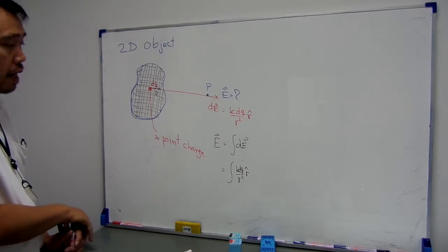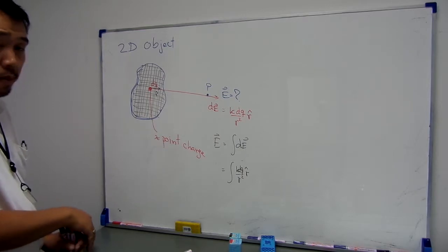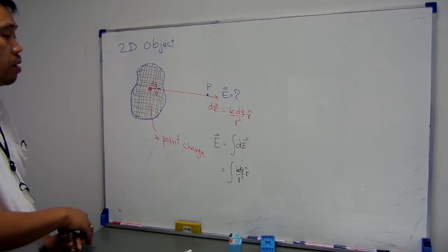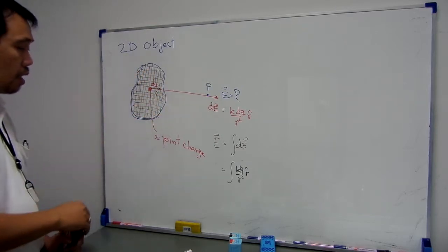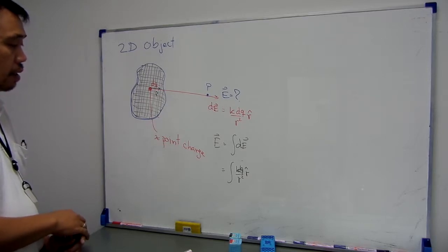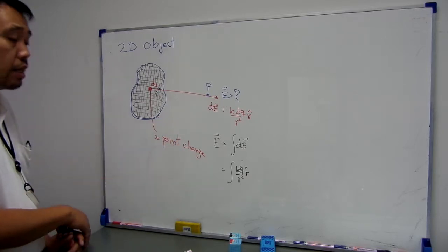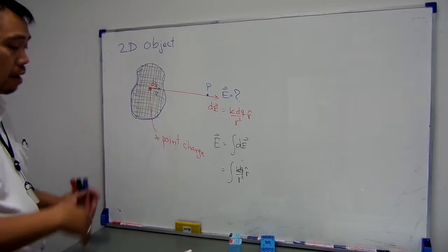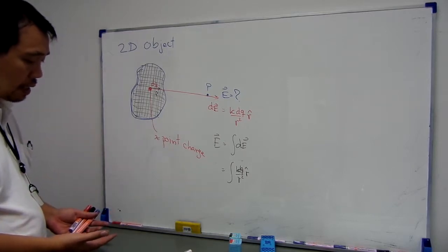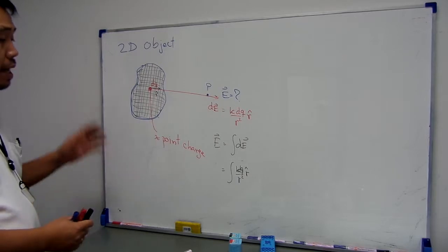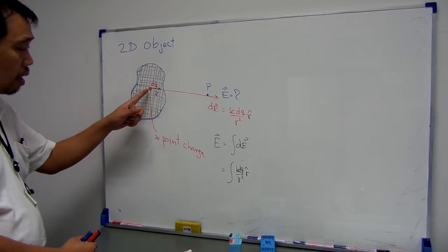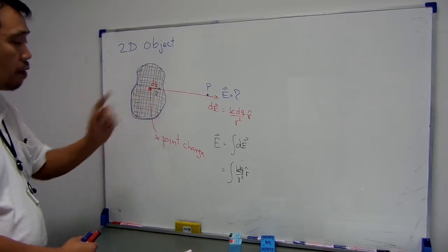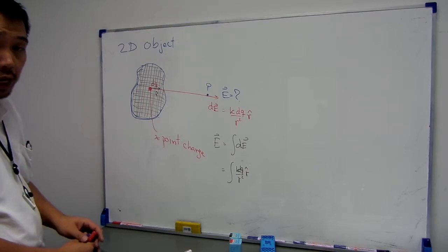But in a particular problem, we need to treat this calculation separately. For a particular shape of the object, we have to look at the way we divide the object into a lot of small pieces of point charge.